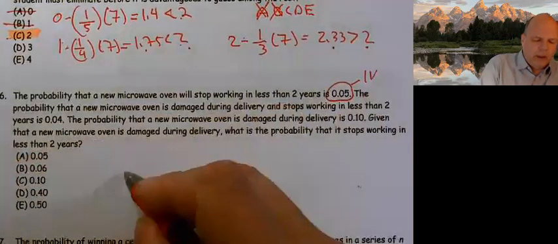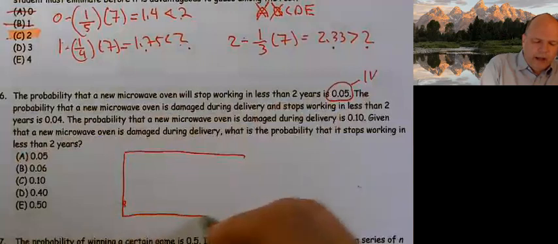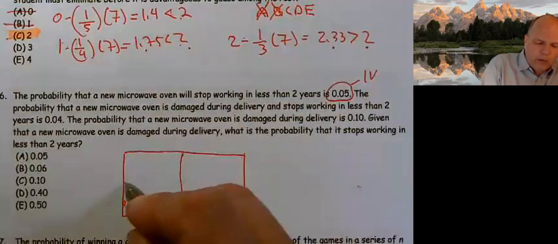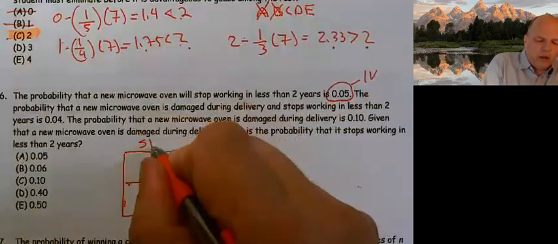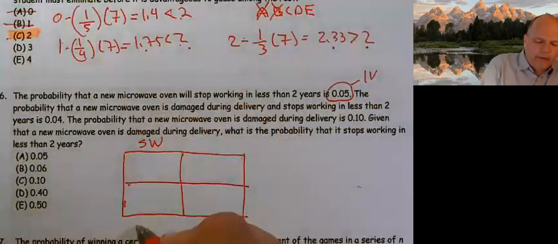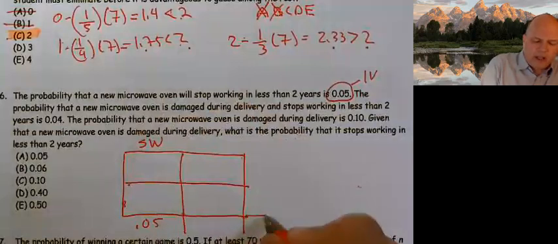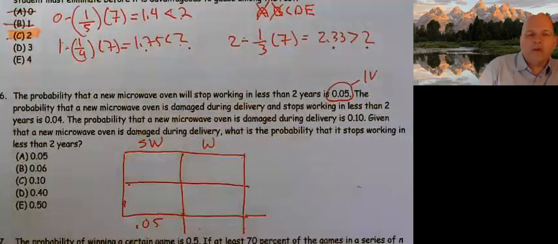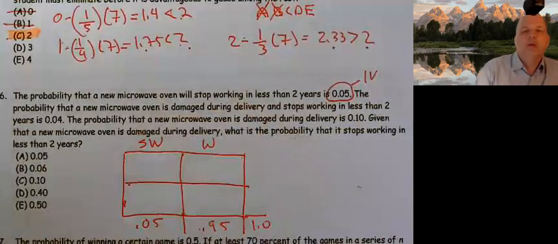So I've identified a number that is associated with only one variable. This is associated with stops working. The probability it stops working is 0.05. That means the probability that it does not stop working, in other words, it works, is 0.95. We know this is one whole.